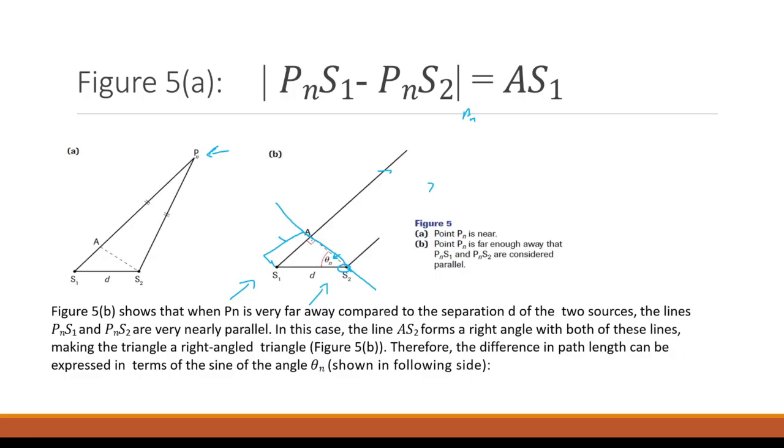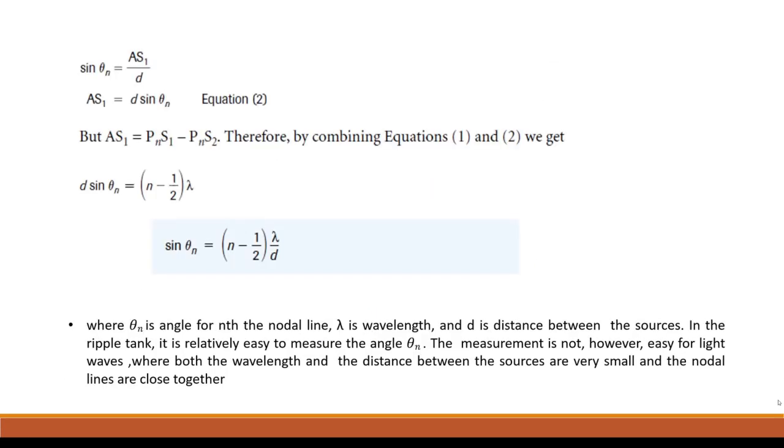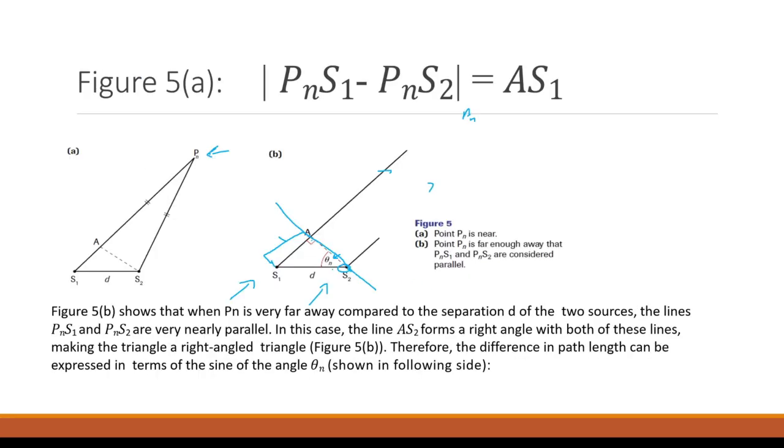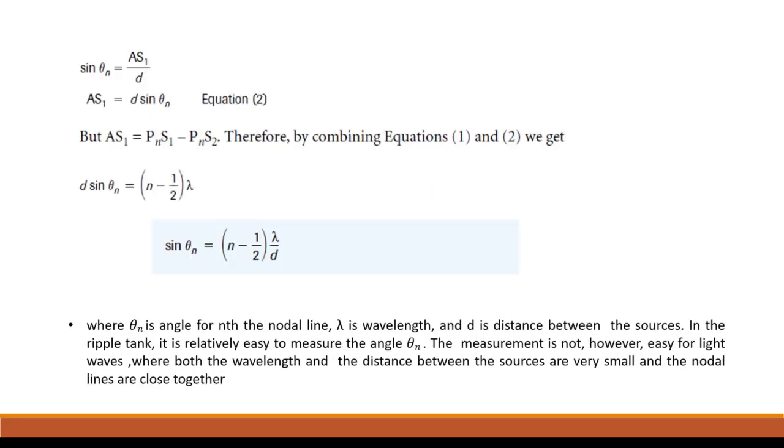And so we do this using sine. When we look at the right triangle, sine theta is opposite over hypotenuse, so that's AS1 over d.